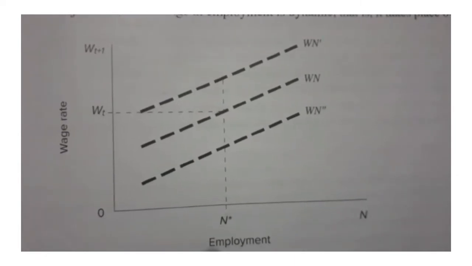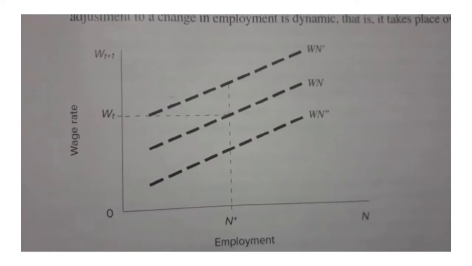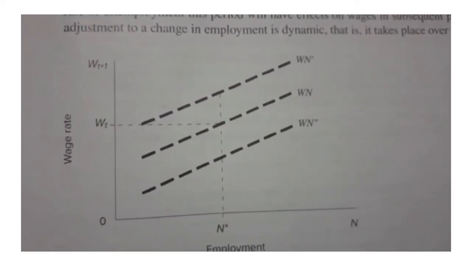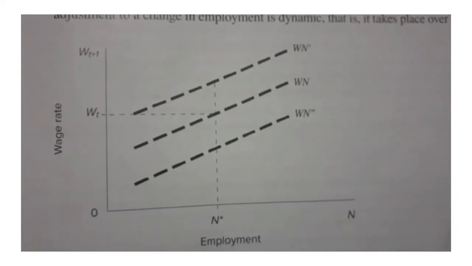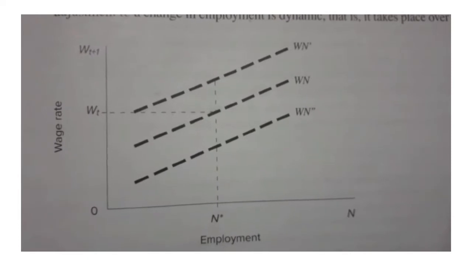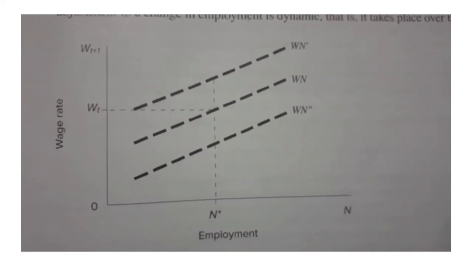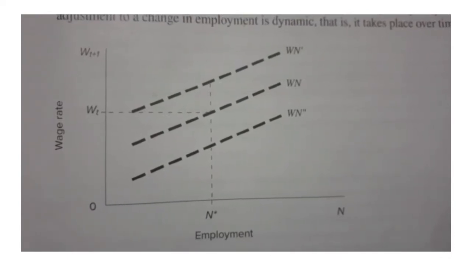6.7, if there is overemployment this period, the WN curve will shift upward next period. If there is less than full employment this period, the WN curve will shift downward next period.